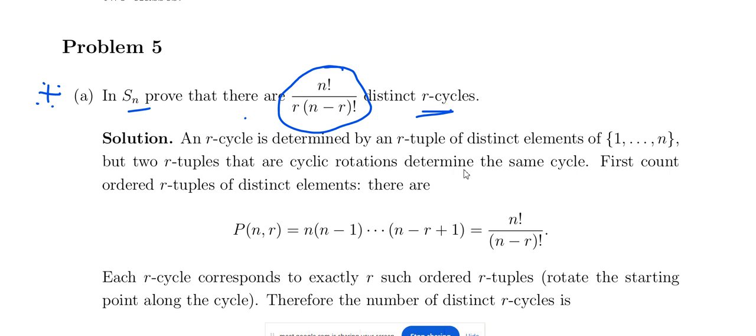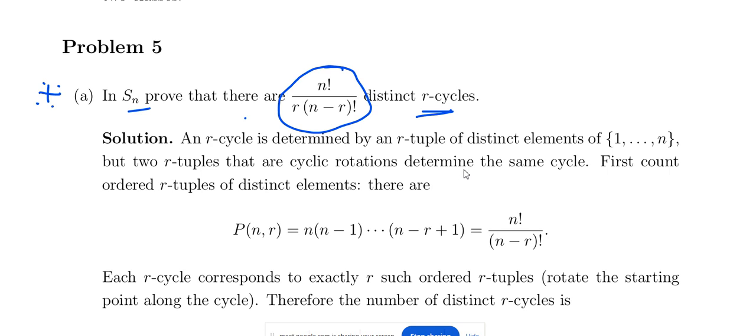What is a distinct r cycle? An r cycle is determined by an r-tuple of distinct elements from 1 to n, but r tuples that differ by cycle rotation determine the same cycle. First, count the ordered r-tuples of distinct elements: there are P(n, r), that is n factorial divided by n minus r factorial.